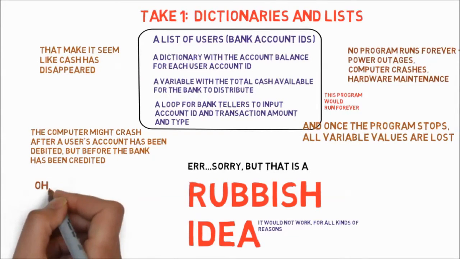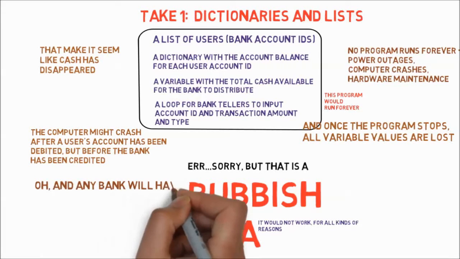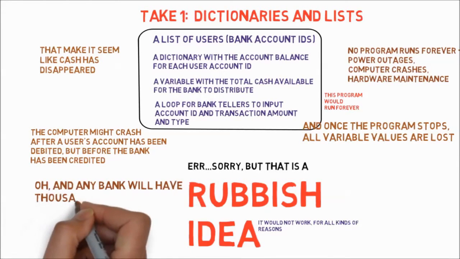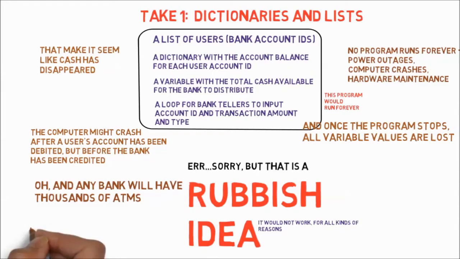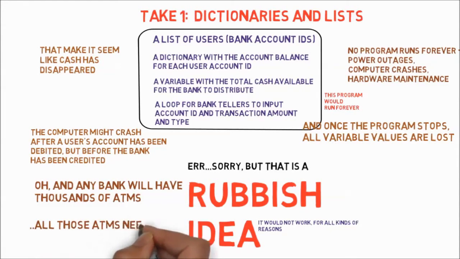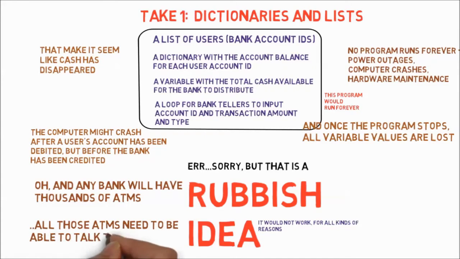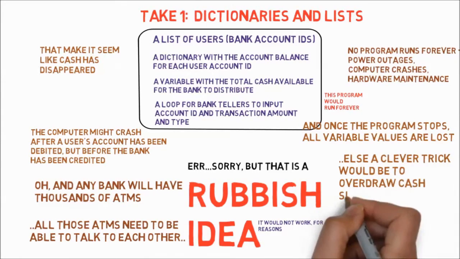If any bank ATM really worked like that, there would be all kinds of people trying to game it. Oh, and any bank will have thousands of ATMs, not just one, and all of these will have to talk to each other and maintain the balances correctly. Otherwise, a clever trick would be to withdraw for the same account from several different ATMs simultaneously.